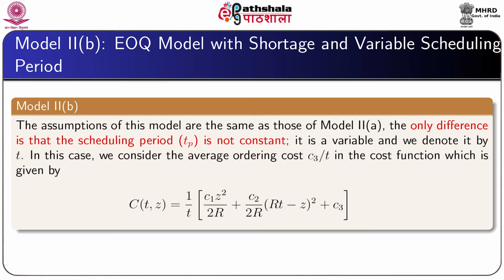The average ordering cost would be C3 by T, if T is the variable scheduling period. Then the cost function can be derived from model 2A as C(T, Z) equal to 1 by T into [C1 Z square by 2R plus C2 by 2R into (RT minus Z) whole square plus C3].